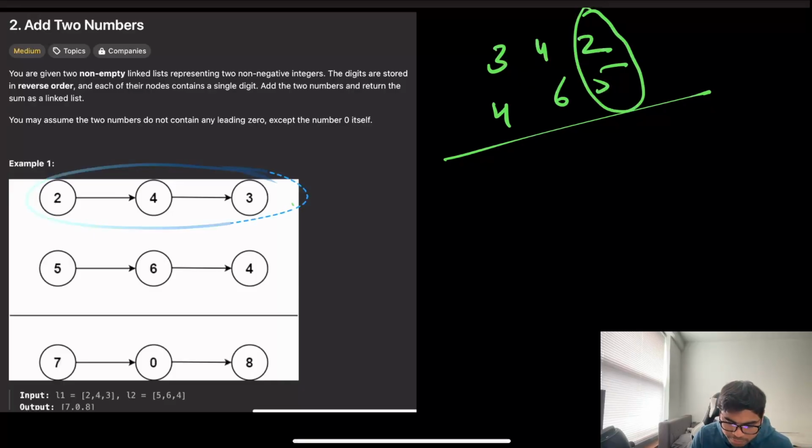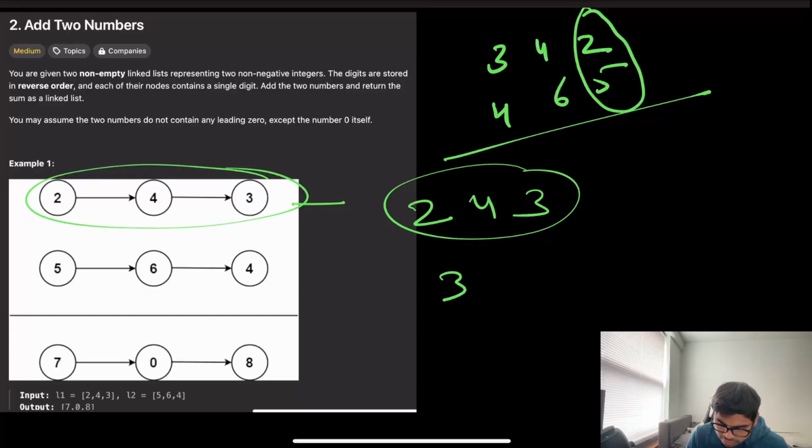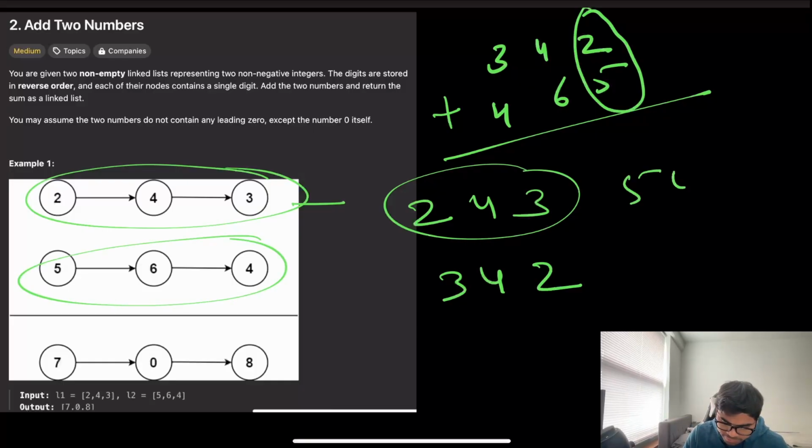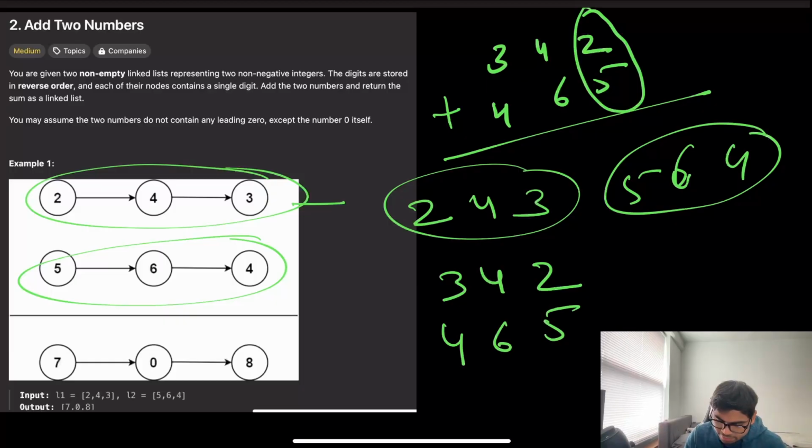convert this list to a number, 2, 4, 3, reverse it, 342, and then convert this number. That would become 5, 6, 4, reverse it, so that will become 465, add them, that will make it 7, 0, 8.